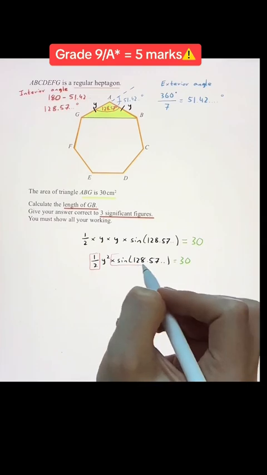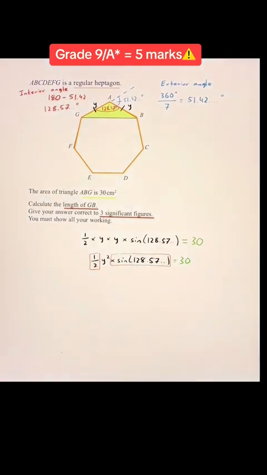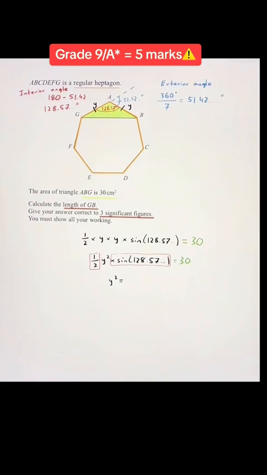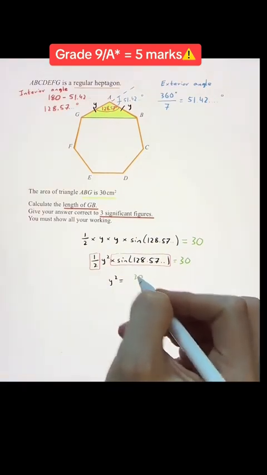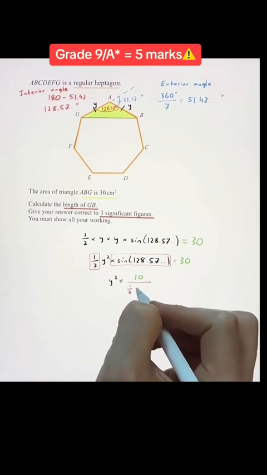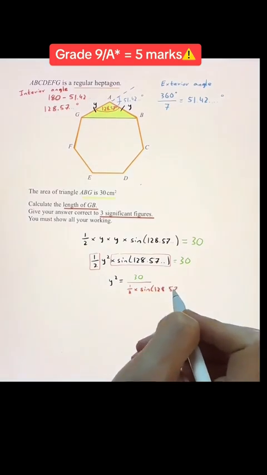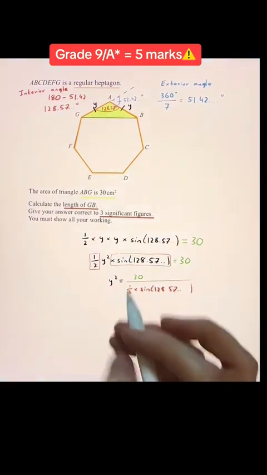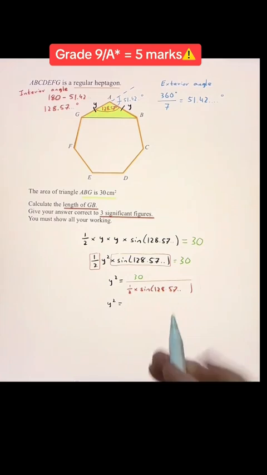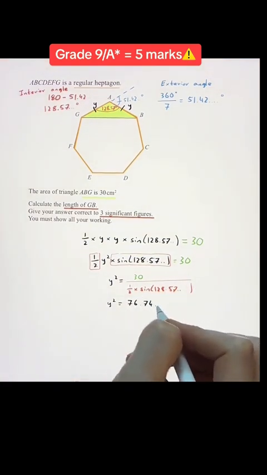Hence, to leave y squared alone on the left-hand side, on the right-hand side I have 30 divided by half multiplied by sine of 128.57, etc. Substituting into my calculator, that gives y squared equals 76.74, etc.